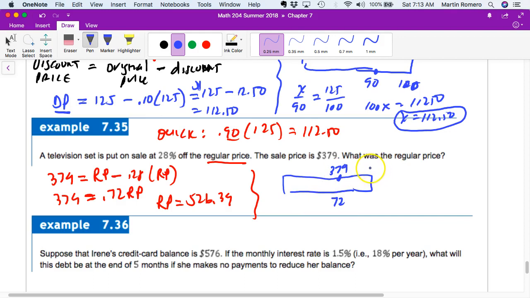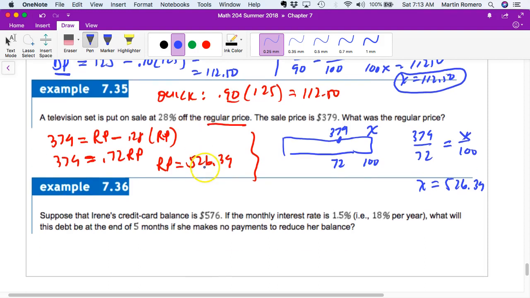We're looking for the regular price out of 100%. So you get 3.79 over 72 equals x over 100. When you do the math, of course, you're going to get the same answer, 5.26. So I like this setup, the proportion method, but traditionally the equation method is taught.